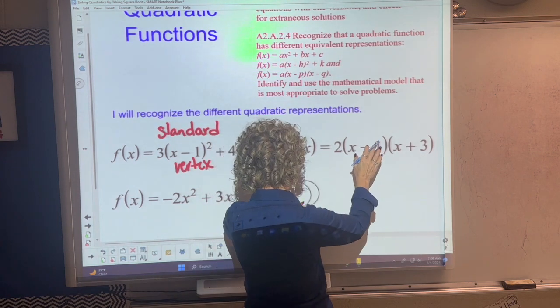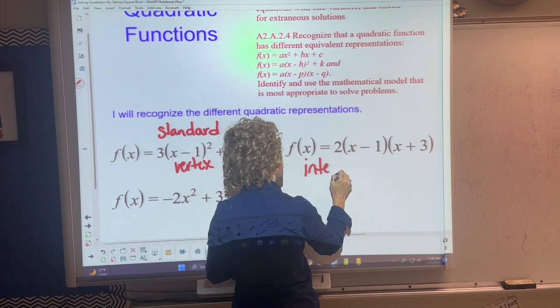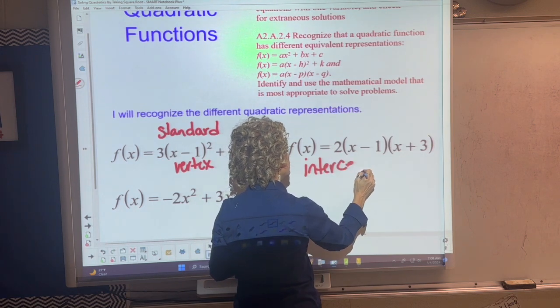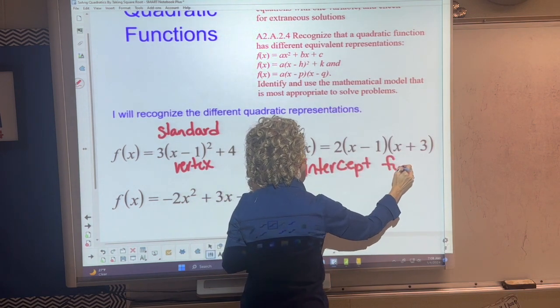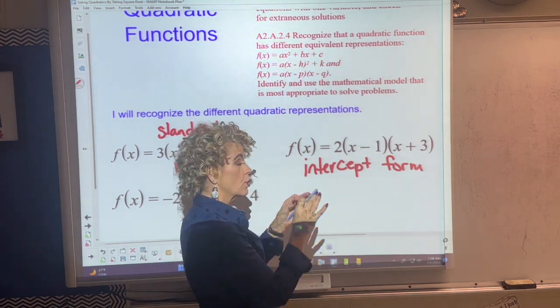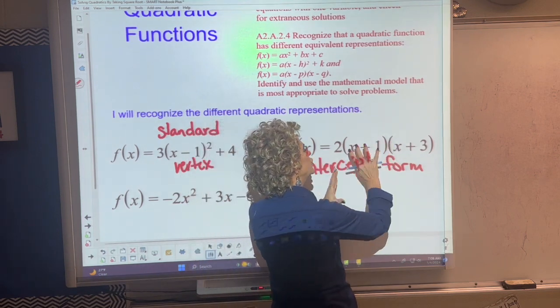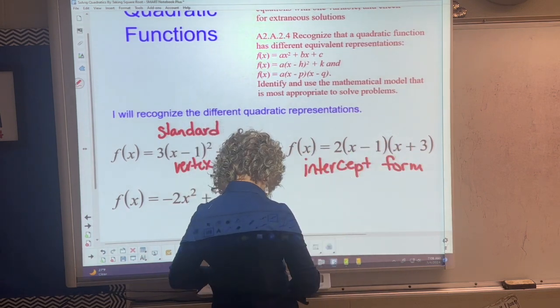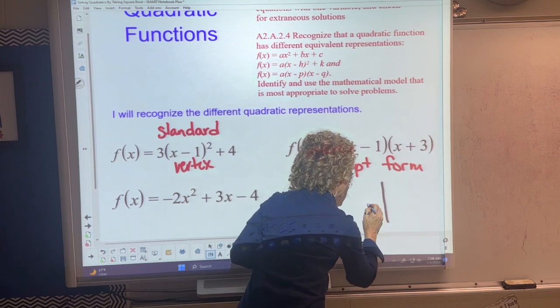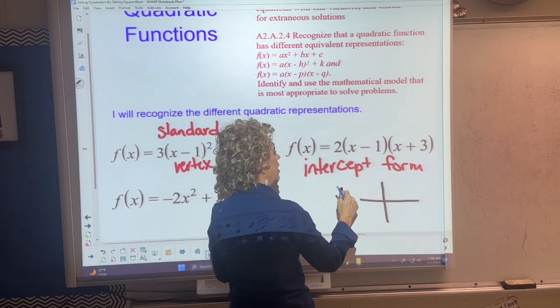This right here, this particular form, is called the intercept form. Now, specifically, it's our x-intercepts, and our x-intercepts are where it crosses the x-axis. So just by looking at this right here, okay, here's my coordinate grid, XY grid.